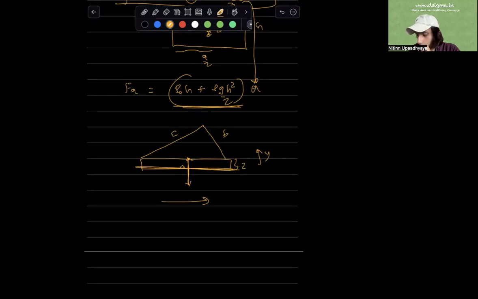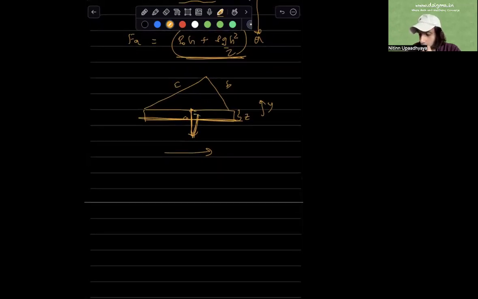So therefore, the normal direction to this would be the y direction. So the force will be exerted in the negative y direction, because of the way we've labeled the axis. So the net force will act at the midpoint towards the negative y direction, and this force will be proportional to the length of this particular side of the triangle, right?